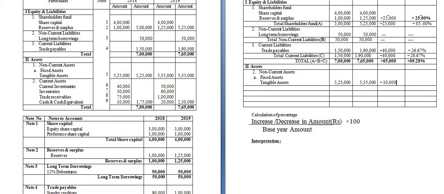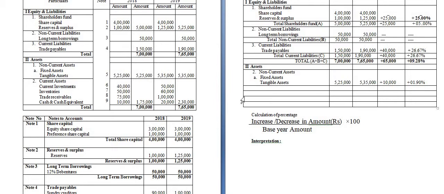So 10,000 divided by 5,25,000, now we have to find out the percentage. Plus sign, 1.90 percentage.